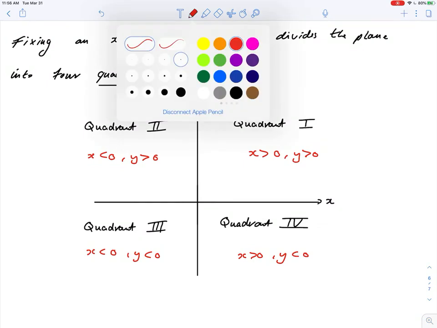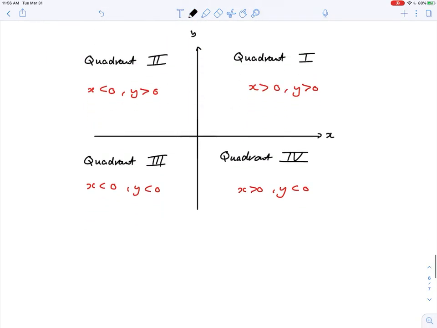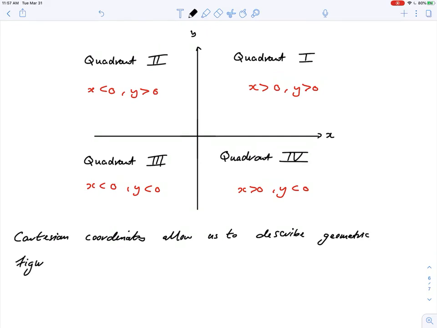Okay, so one of the best things about Cartesian coordinates is it gives us a way to describe geometric shapes in very precise terms. So Cartesian coordinates allow us to describe geometric figures very precisely.